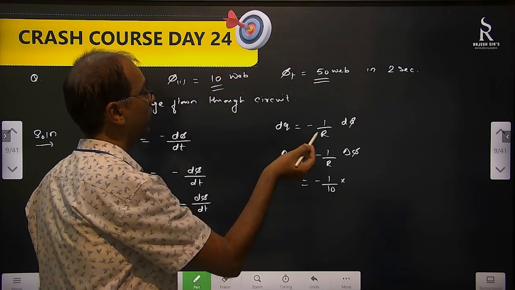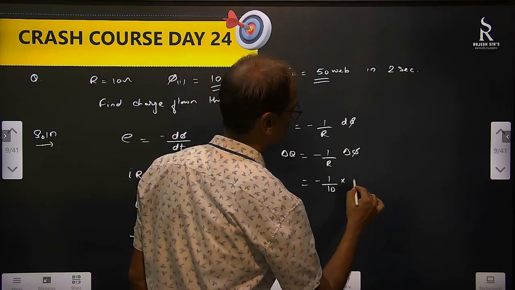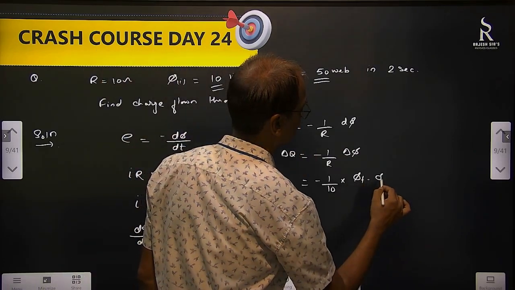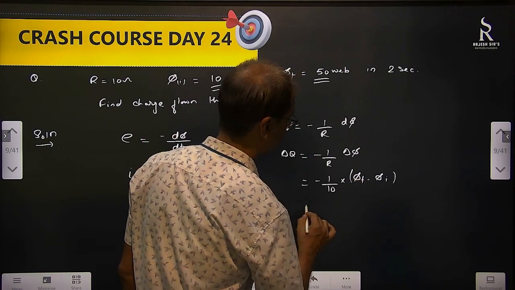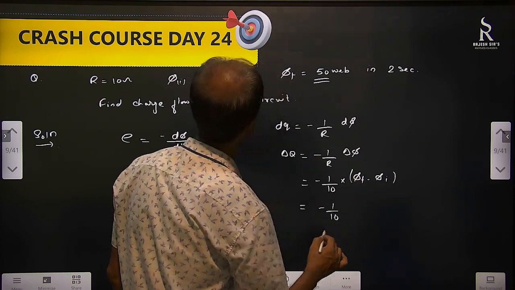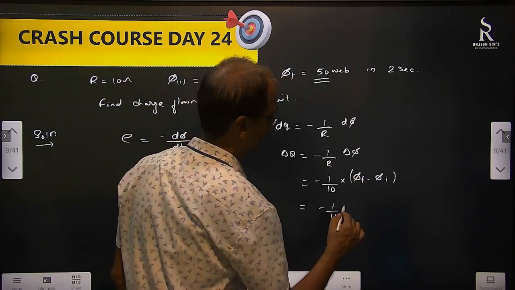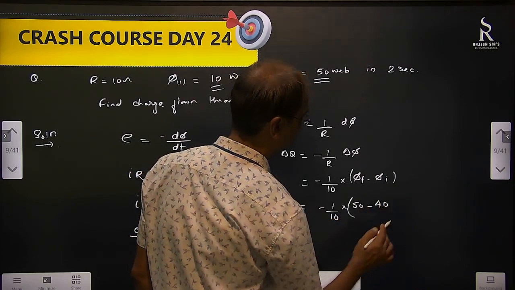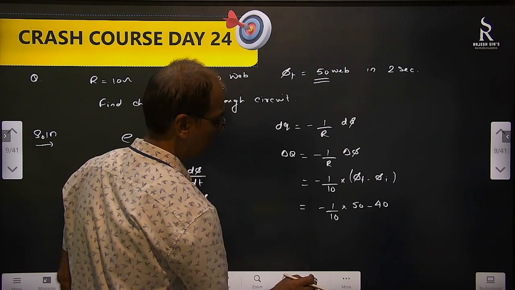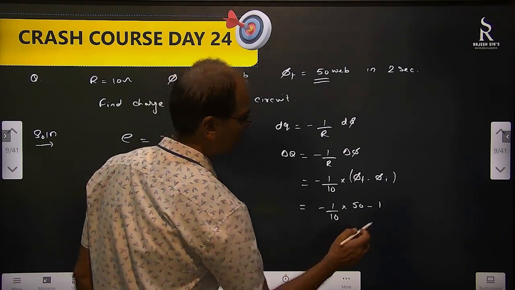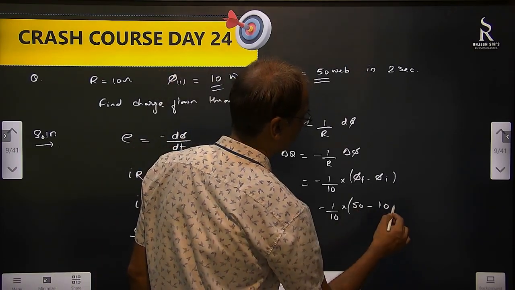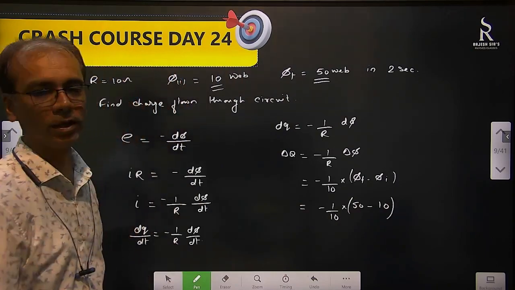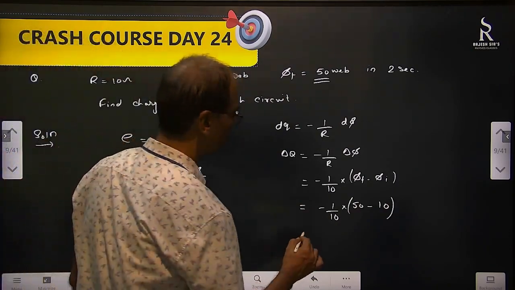Delta phi is phi f minus phi i, final minus initial. So 50 minus 10. Not 40, 50 minus 10, so 50 minus 10 is 40. 40 by 10 is 4. So the answer is coming minus 4.